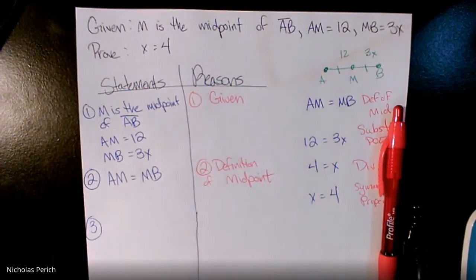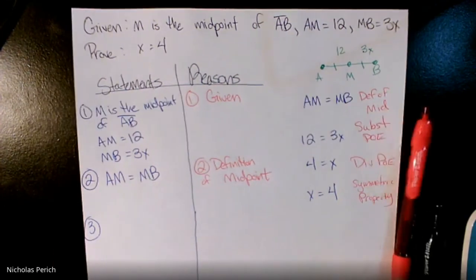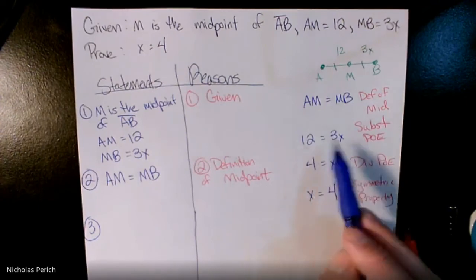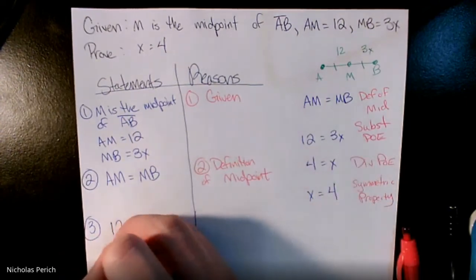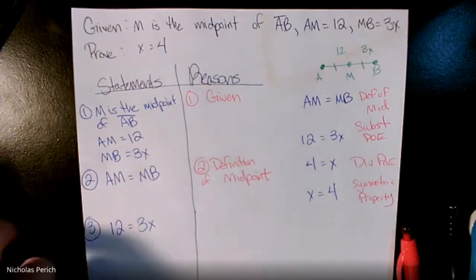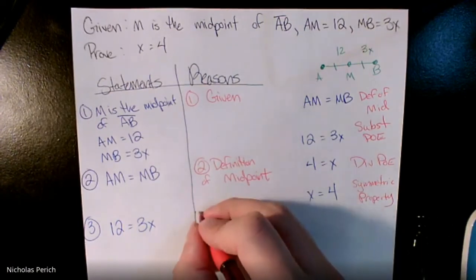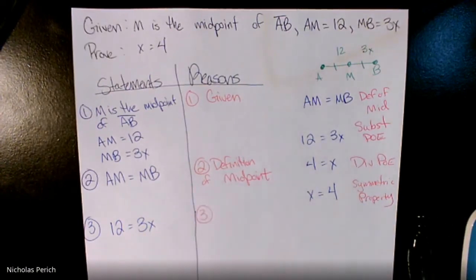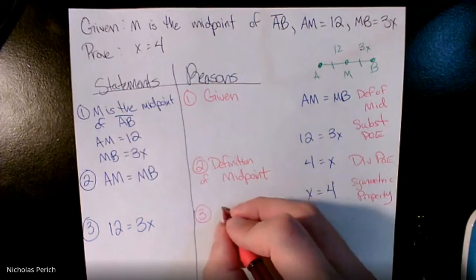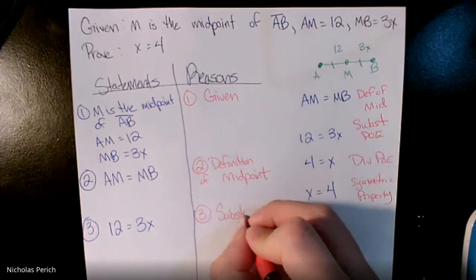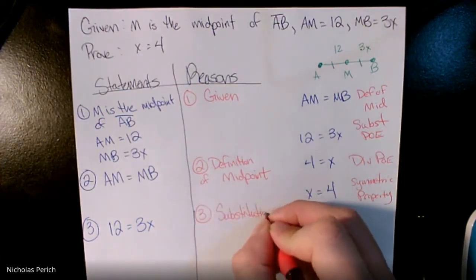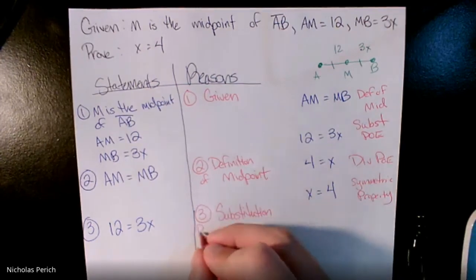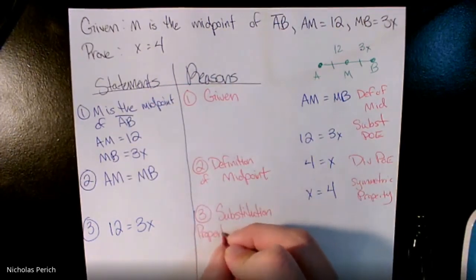3. 12 equals 3x. And what did I do there? I did the substitution property of equality.